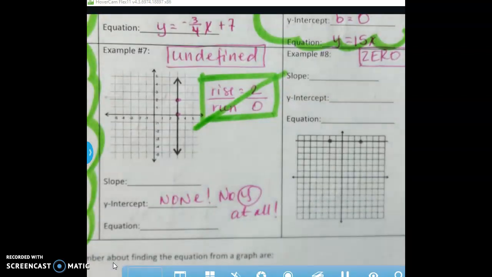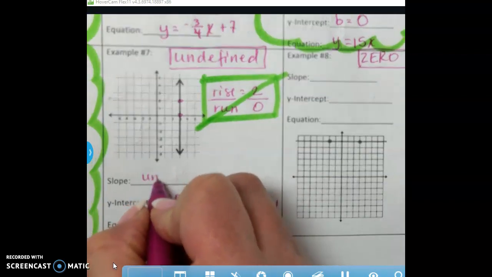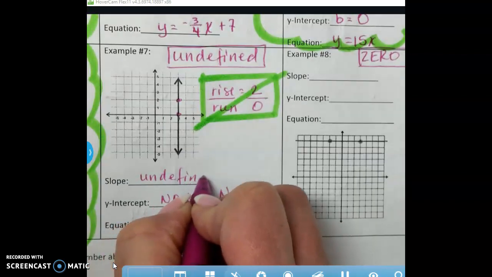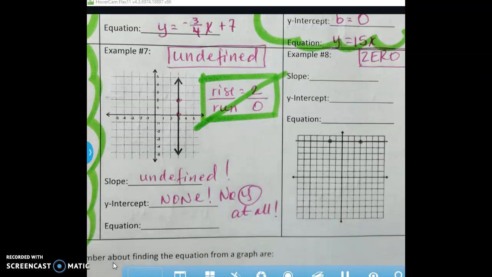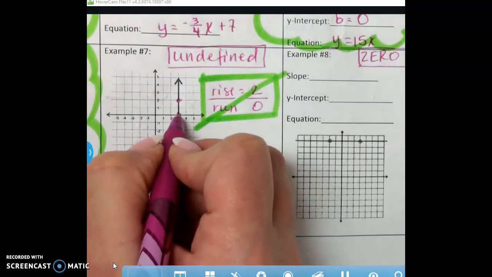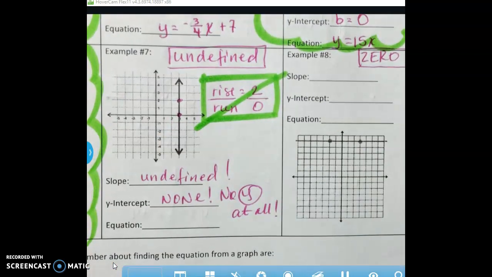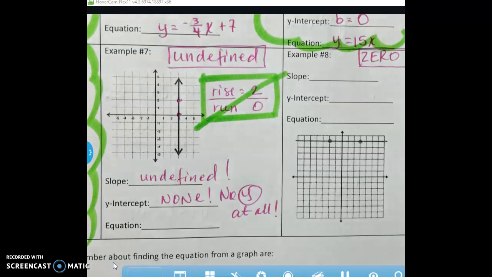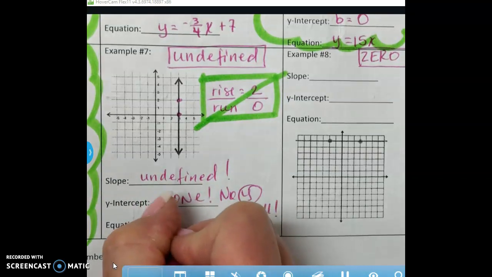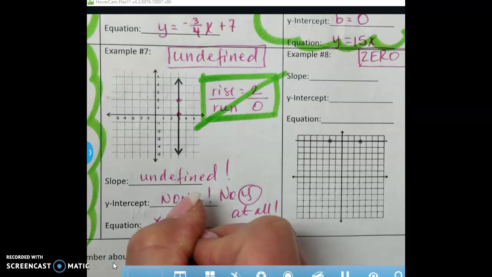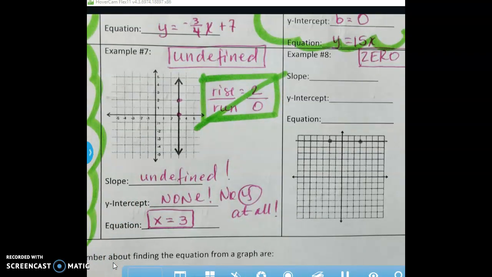So that is the reason we call this undefined. You do have a numerical value because the graph does exist, and it exists based on only this relationship, x equals 3, and that's the only value that we can use.